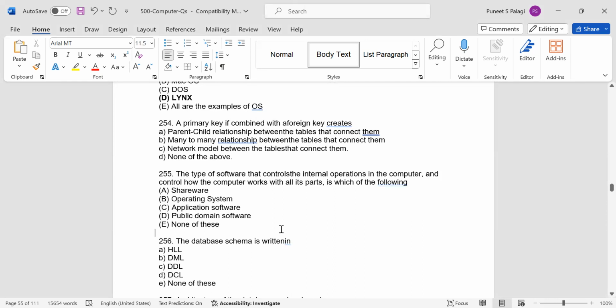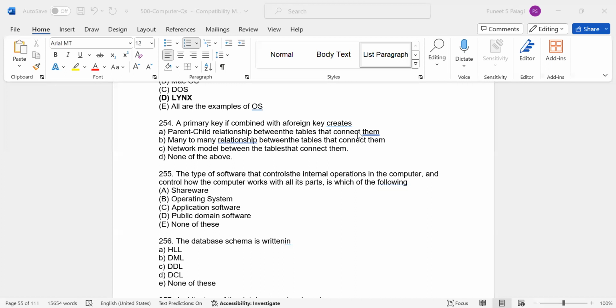A primary key, if combined with a foreign key, creates. Read the options. A primary key combined with a foreign key creates a parent-child relationship between the tables that connect them.